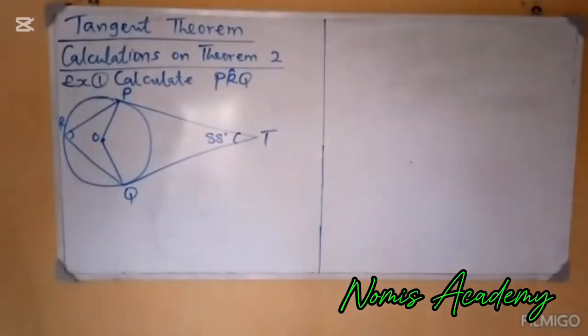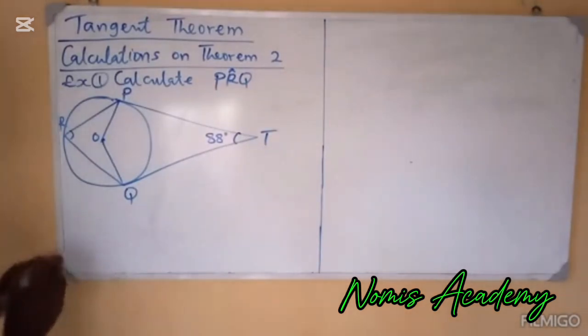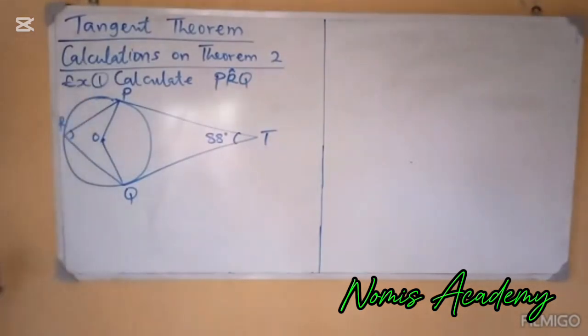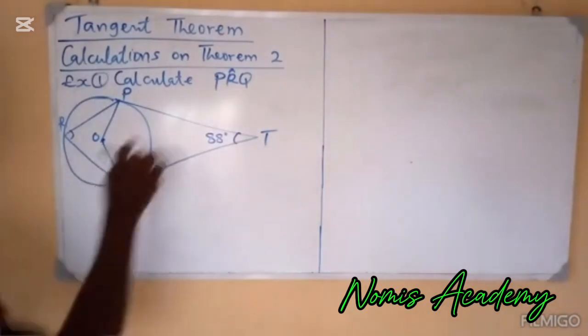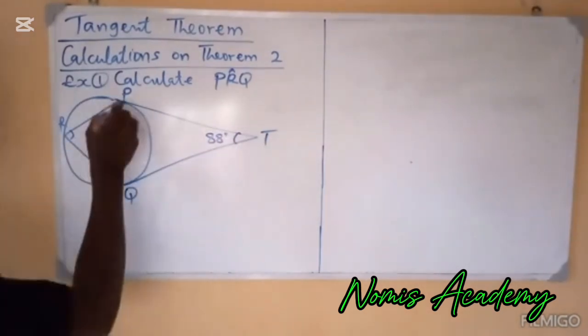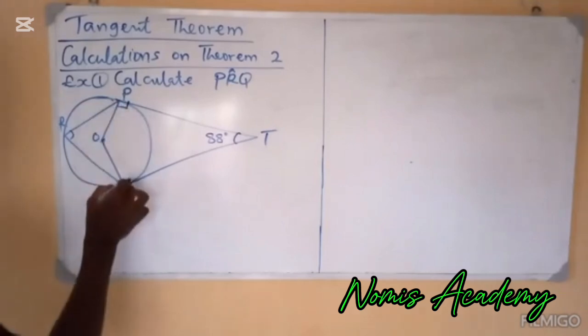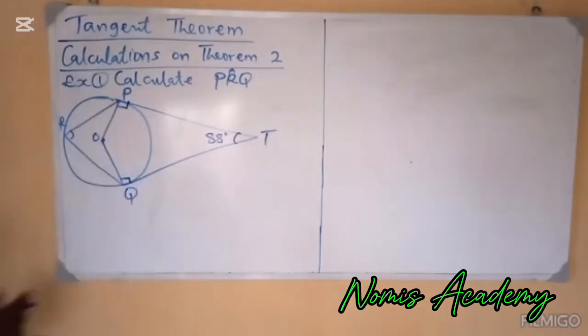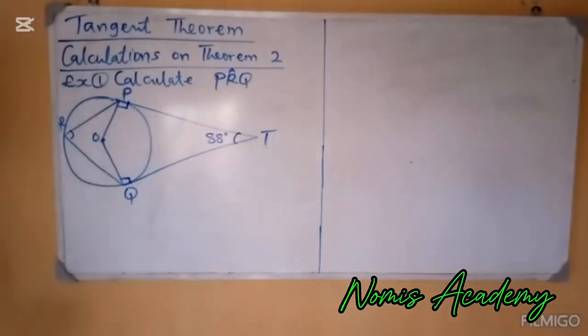Now to solve this, according to Theorem 1, if these two lines PT and QT are tangent to the circle, then this particular angle is a right angle.